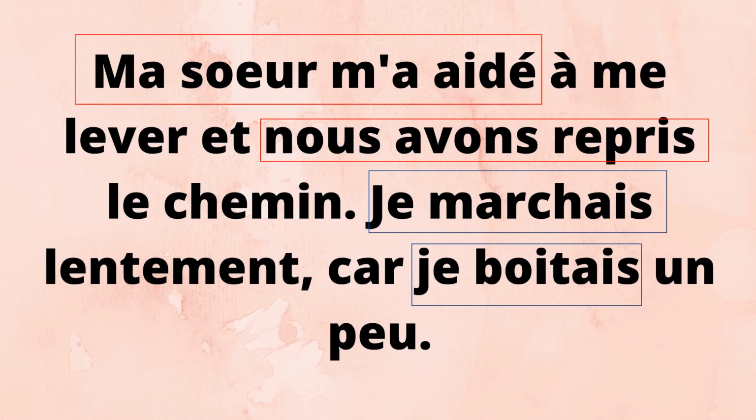If avoir is the helping verb, we have to conjugate avoir so that the verb suits the subject. Subject is third person singular, ma sœur. So therefore we have to use a. Ma sœur a aidé would have been my sister helped. So there is no agreement when the helping verb is avoir, as is the case here.